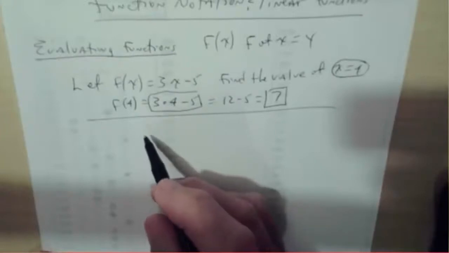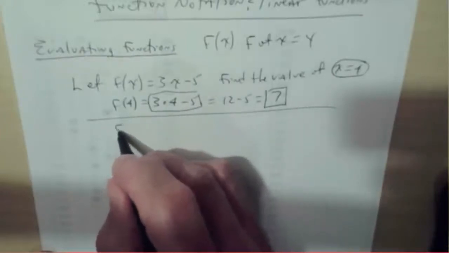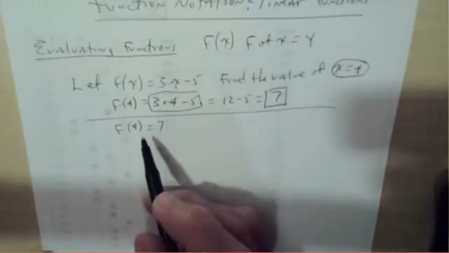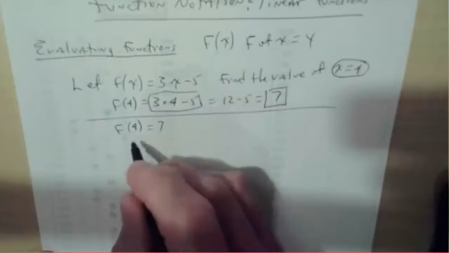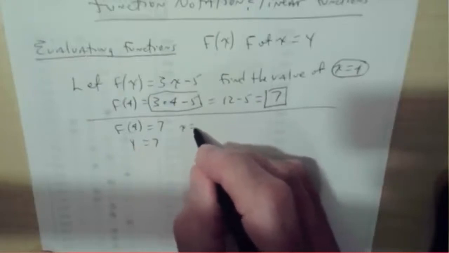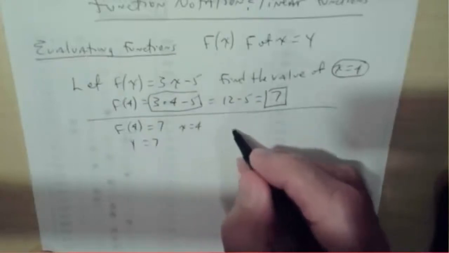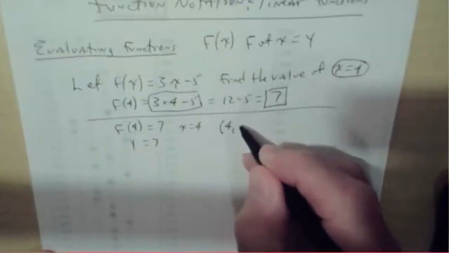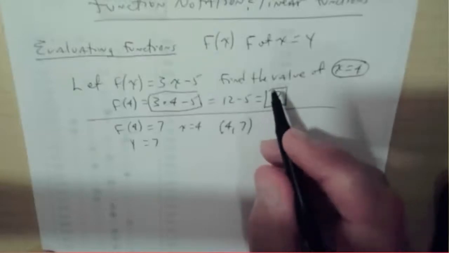Now, the ordered pair: if f of 4 equals 7, remember f of x is y, so y equals 7, and x is 4. So our ordered pair on the graph would be (4, 7). Remember, they're always in the form (x, y).